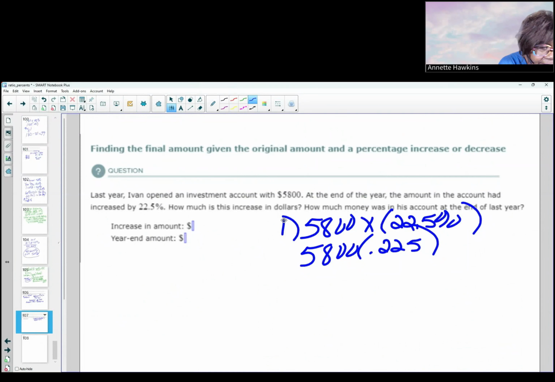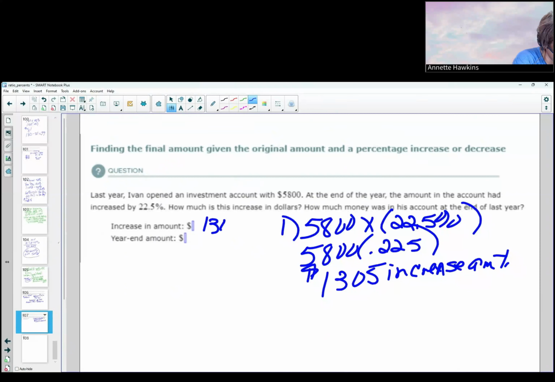So that's pretty good. So this is the increase amount. And so this is 1,305. And so he has $7,105 in the account. Okay. Now let me talk about this problem again.